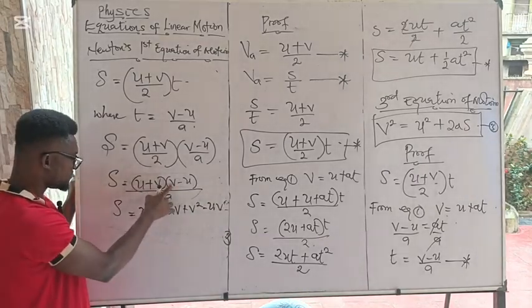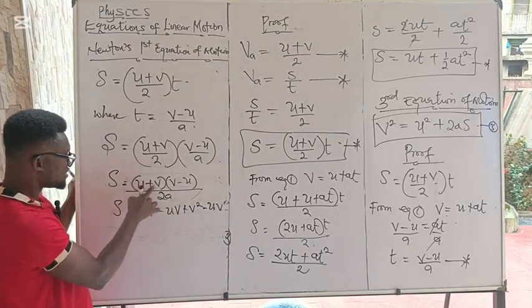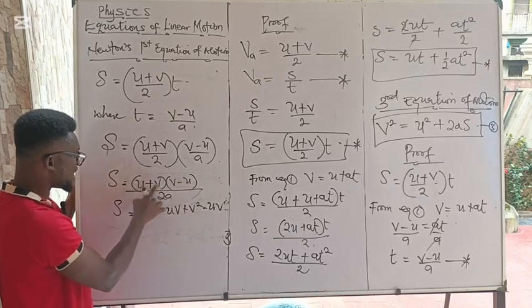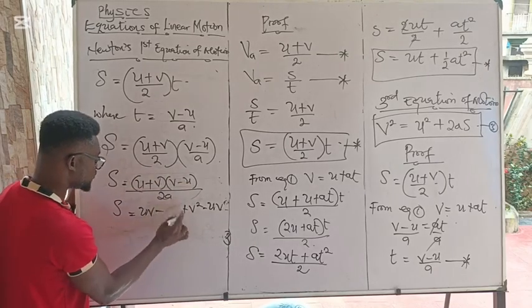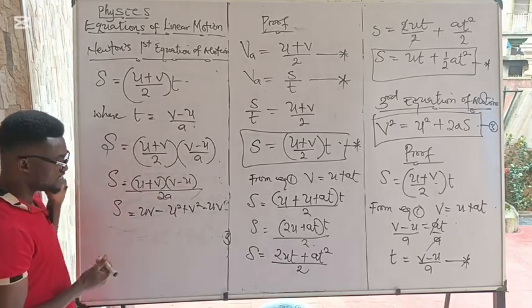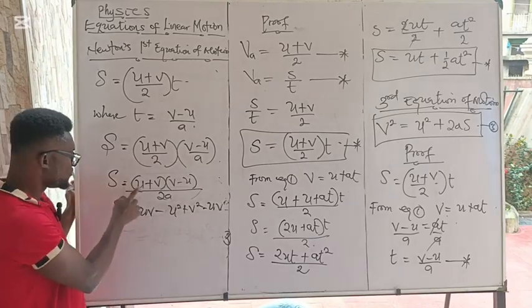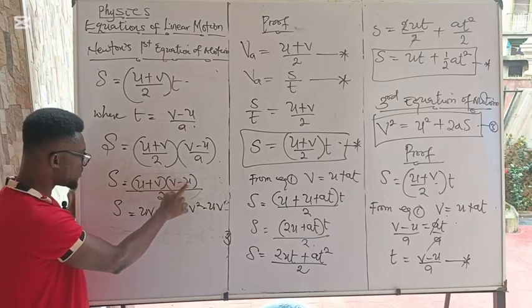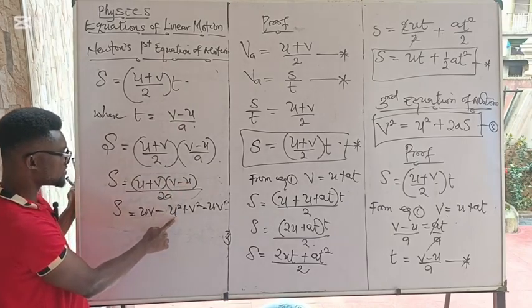Let's take this again. U times v, we give uv, right? Then u times minus u, we give minus u squared. Observe it. U times v gives uv. U times minus u gives minus u squared.